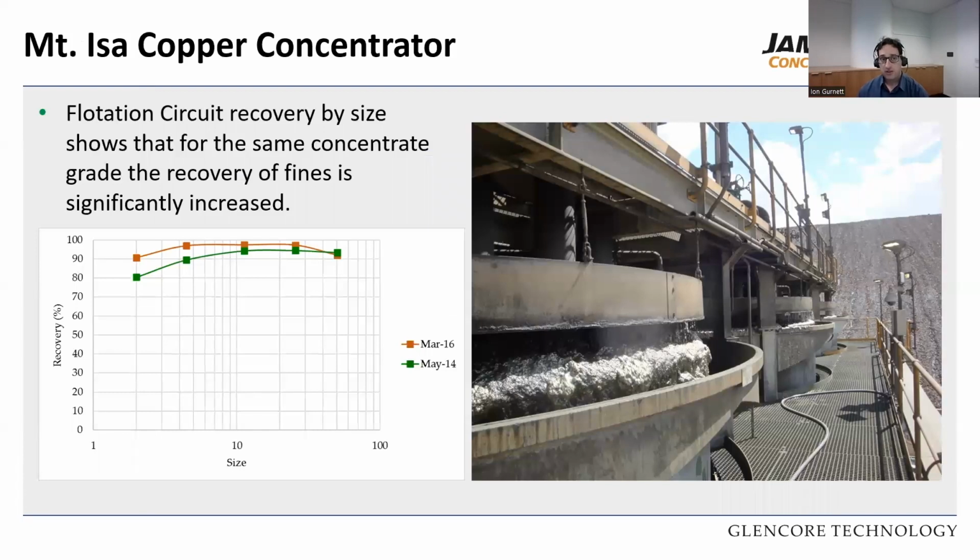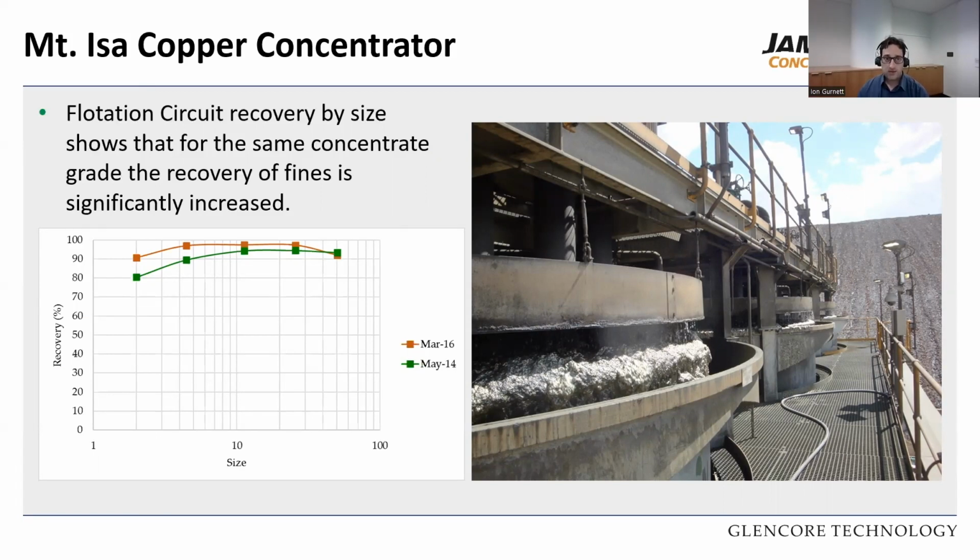For the flotation circuit, we went back and looked at size by size recovery, and when we had a last survey done in May 2014, we found that this grade recovery curve in green was what the site was seeing. We then replaced all the equipment with these 3 Jameson cells, redid the survey in March 2016, and plotted the two curves together.